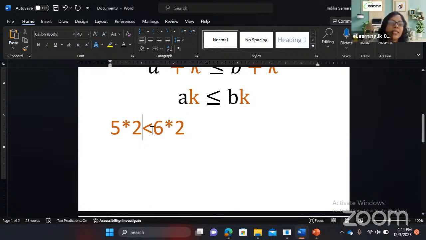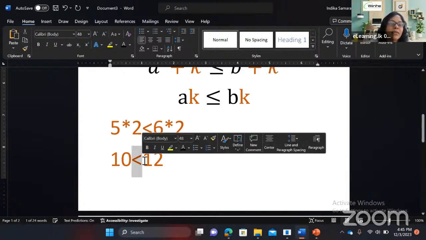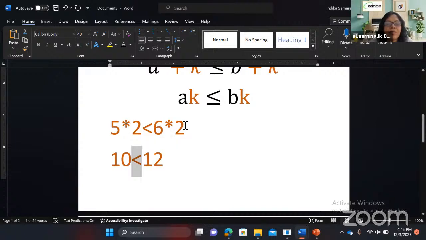Then you can see here 5 into 2 is 10, 6 into 2 is 12. You can see here the inequality sign should not change when you are multiplying both sides by a positive value.